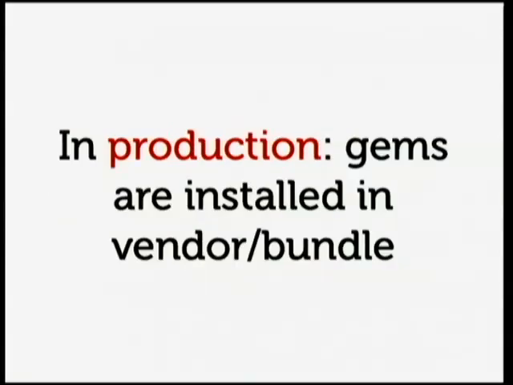But in production mode, bundle install has a flag, --deployment. This flag is just a collection of what we consider best deployment practices. And one of these is to install gems into a subdirectory of the application. By default, that's vendor/bundle. And there are a number of reasons why it's better to do this in production.